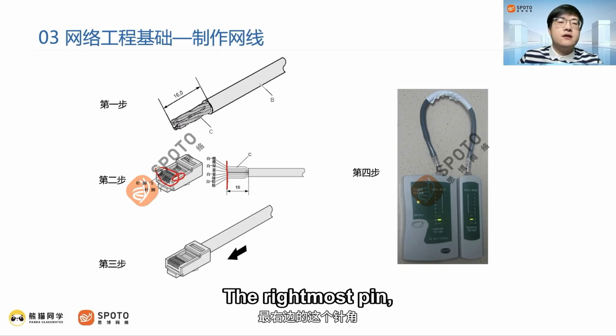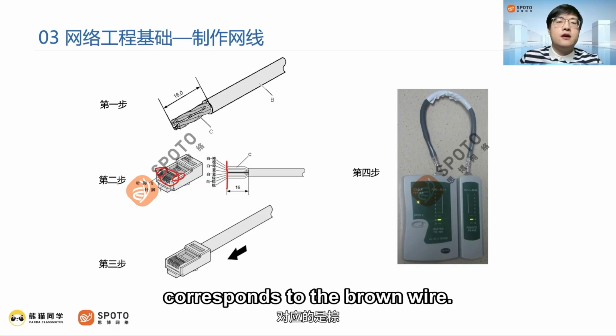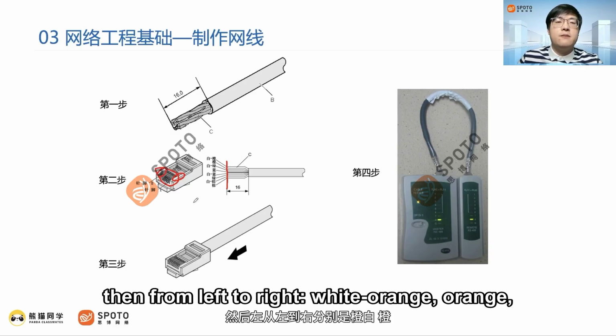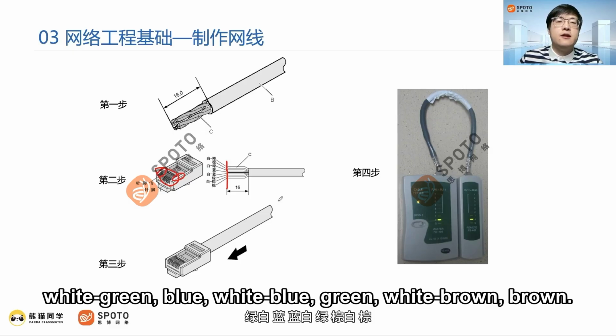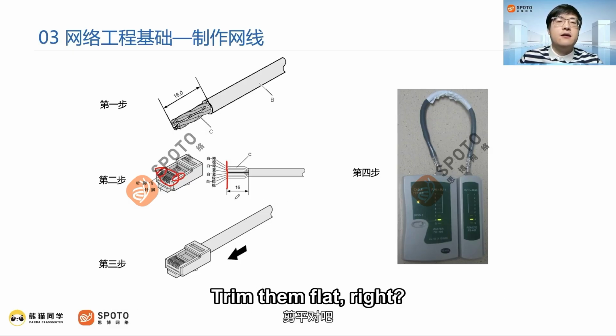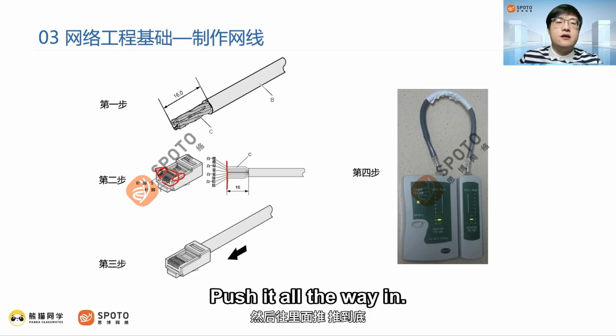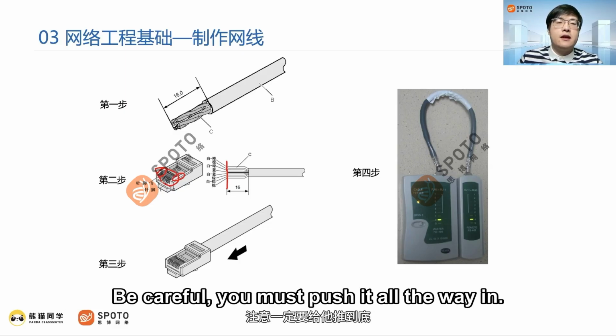The rightmost pin corresponds to the brown wire. Face it towards yourself. Then from left to right: white-orange, orange, white-green, blue, white-blue. Arrange the wires in this order, trim them flat, and then face the copper contacts towards you and push it in. Push it all the way in. Be careful, you must push it all the way in.